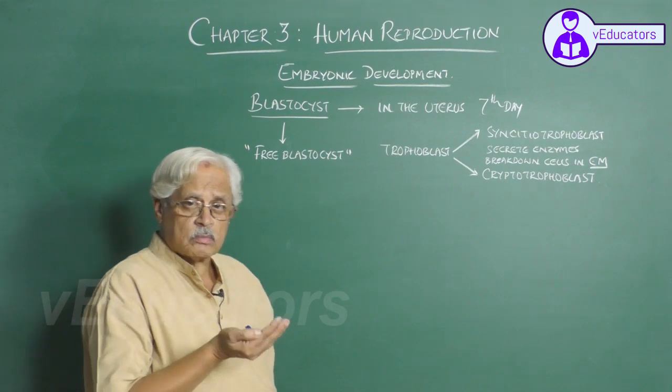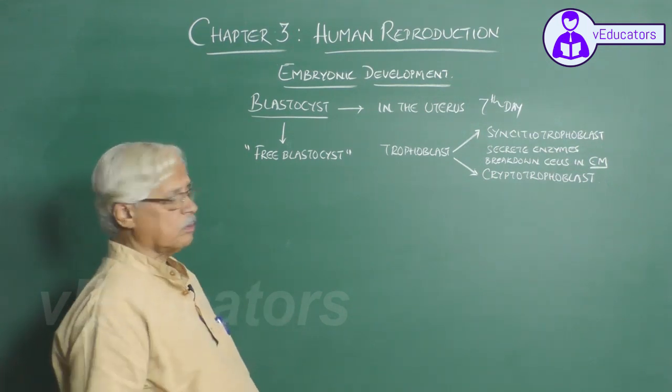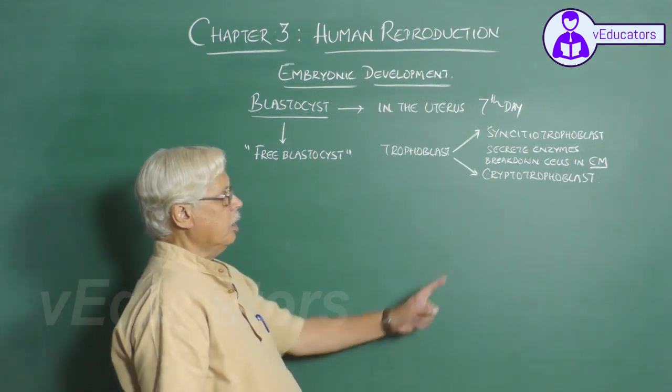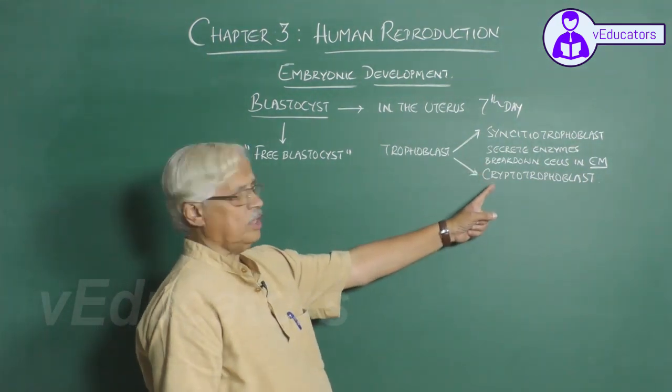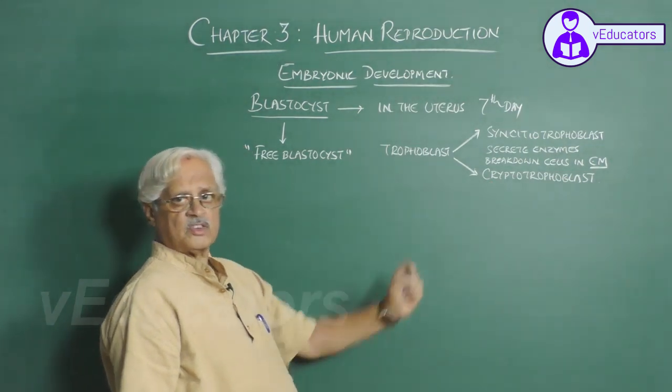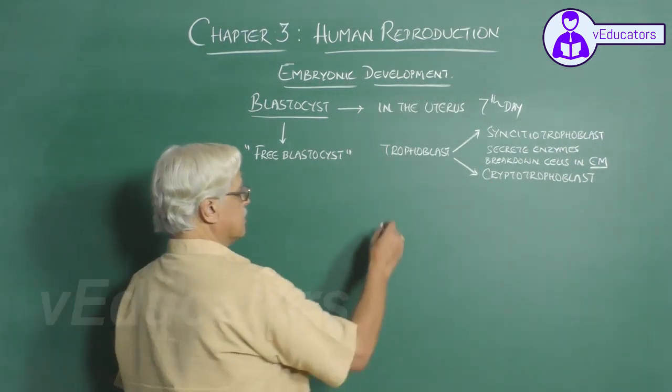So a depression is formed in the endometrium. Into this depression, the embryo, with the help of its cytotrophoblast layer, attaches.